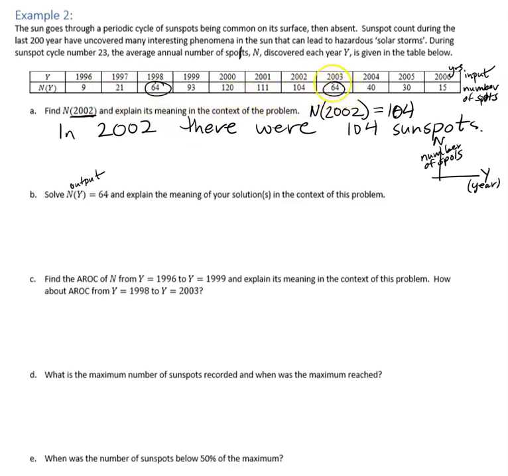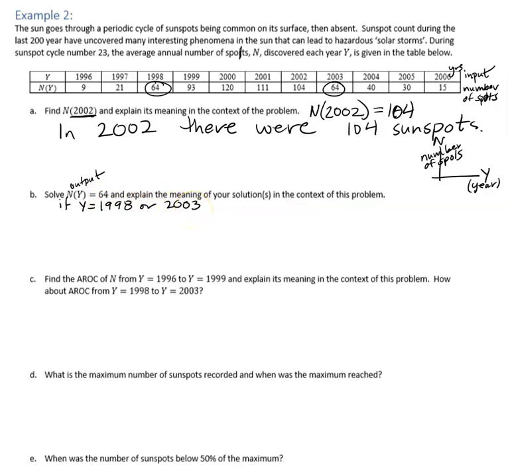it's possible for that to show up twice. We certainly shouldn't have repeated inputs, but we can have repeated outputs, and it looks like it does here. It could show up 3 or 4 or 5 times as well. It could show up not at all, and then we'd say no solution. Okay, so we get that this is true if y is equal to 1998 or 2003.